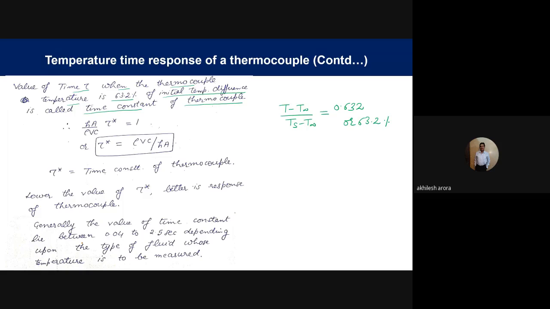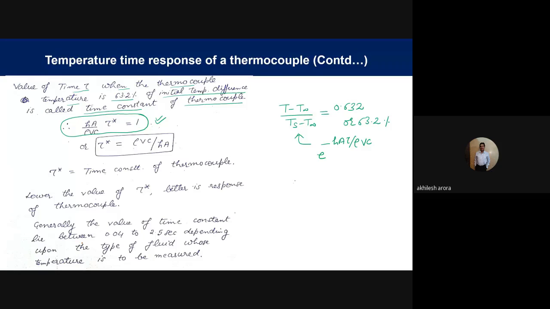And when I calculate this value, then this term HA over rho VC into tau star comes out to be 1. This comes out to be 1 because this value is actually equal to e raised to the power minus HA tau over rho VC.